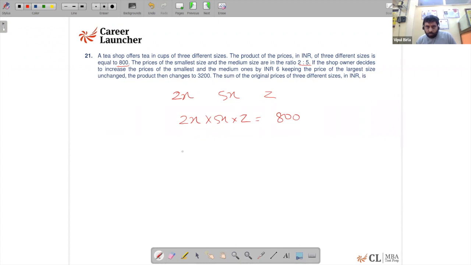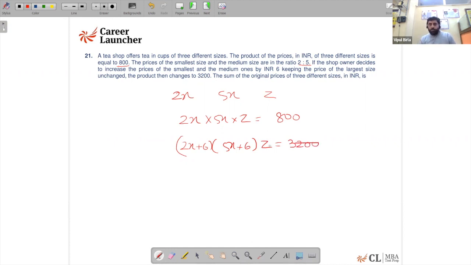And the other is, if the price is increased by 6 for both the smallest and the medium, that is 2x plus 6 into 5x plus 6 into Z is equal to 3200.